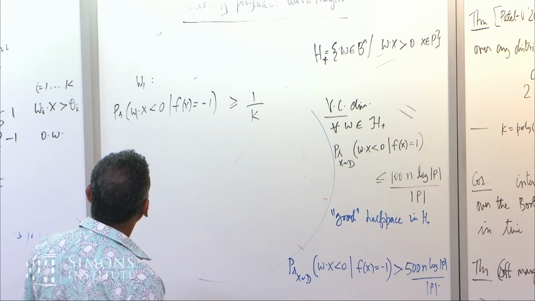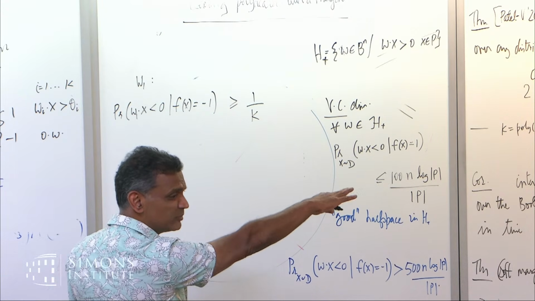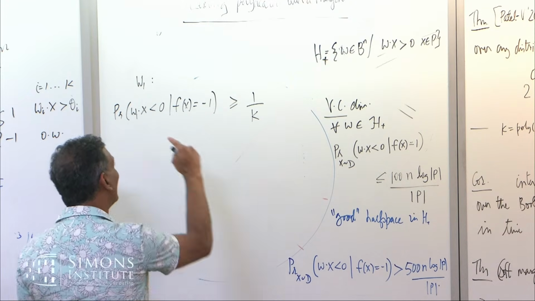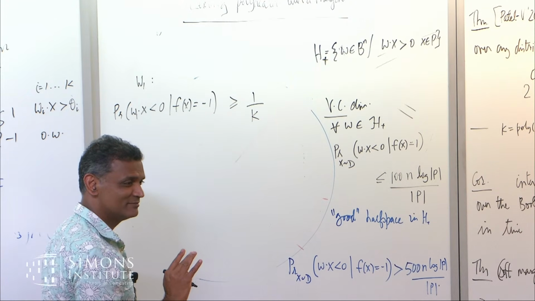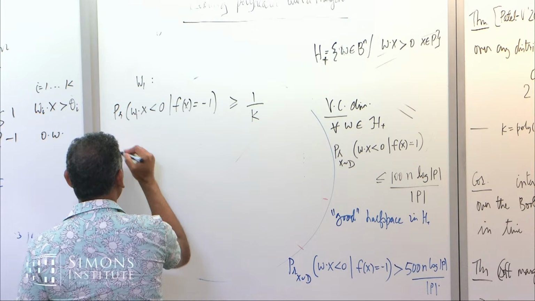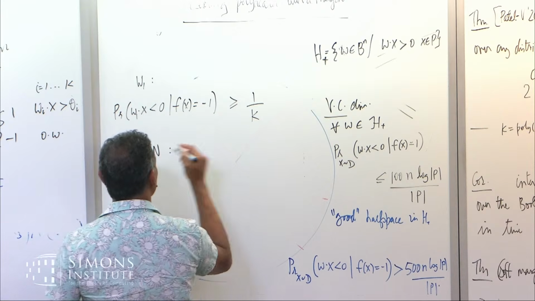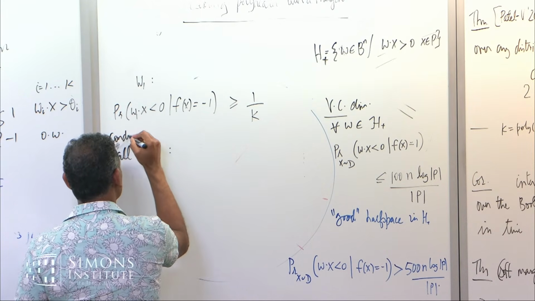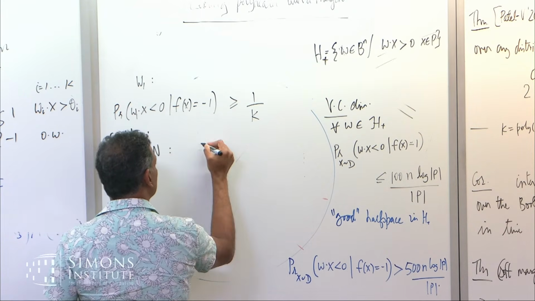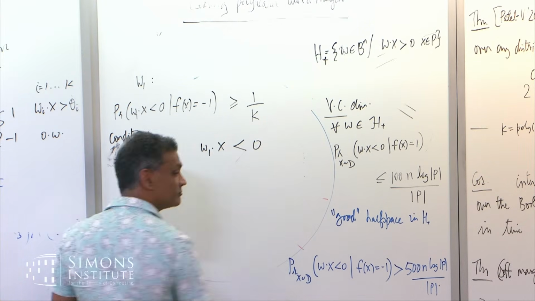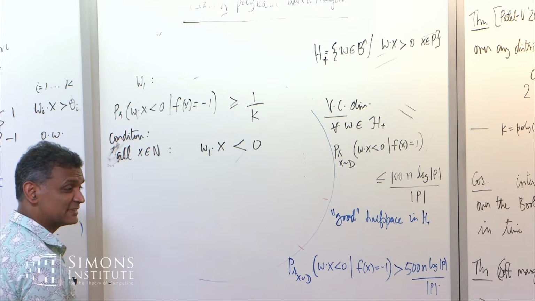Okay, now, but this W may not survive our sample, because we're picking negative samples. So we're going to pick negative samples that only lie on the right side of W1. Okay? All x in N are such that, we're just conditioning, W1 dot x is less than 0. Now what's the probability of this?